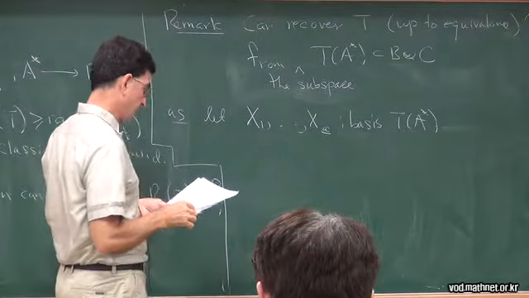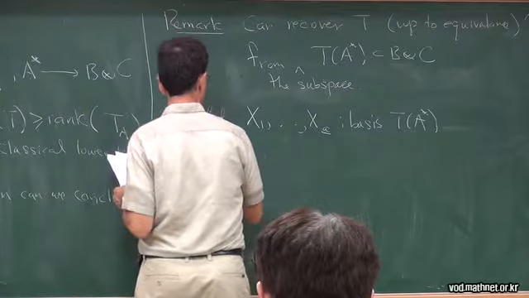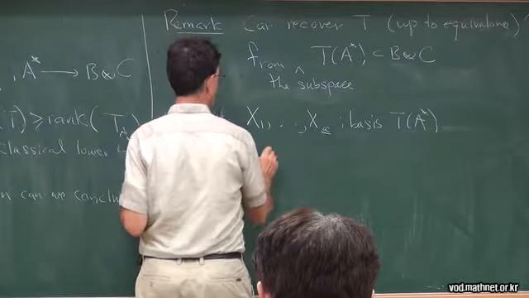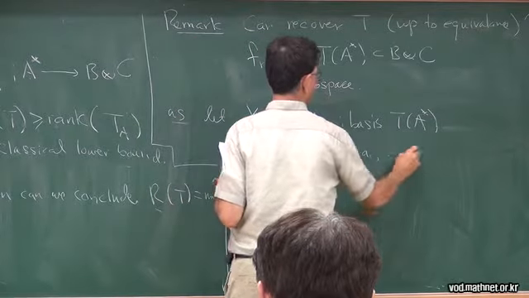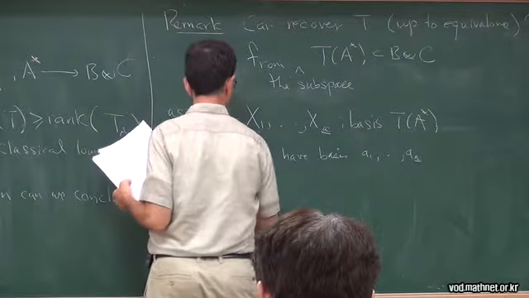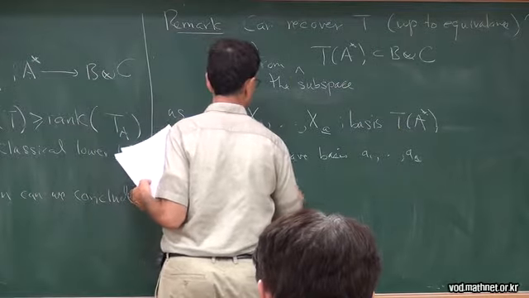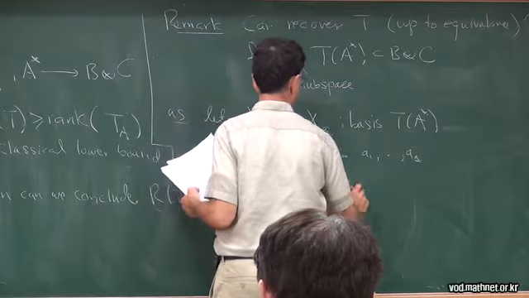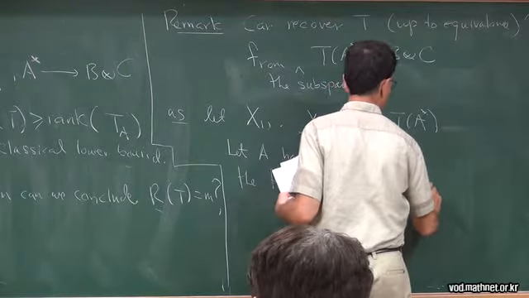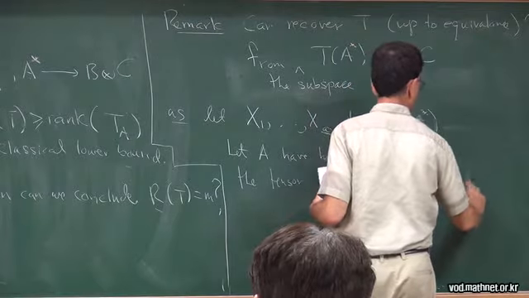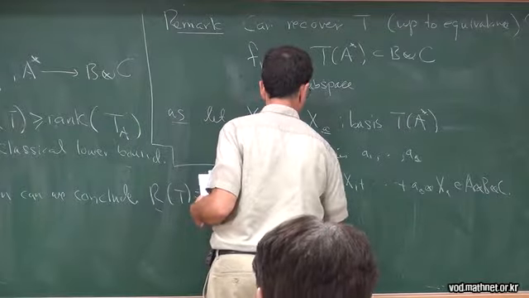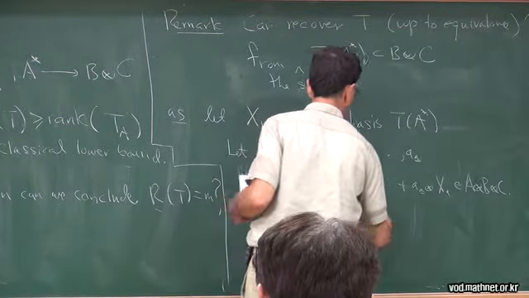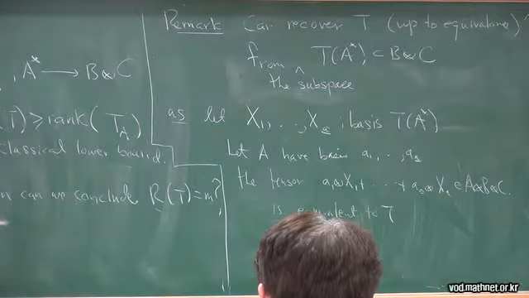For any dimensions, let A have basis A1 up to AA, then the tensor A1 tensor x1 plus ... plus A sub A tensor x of A is equivalent to T. That is, if we change basis, we get exactly the tensor T back.